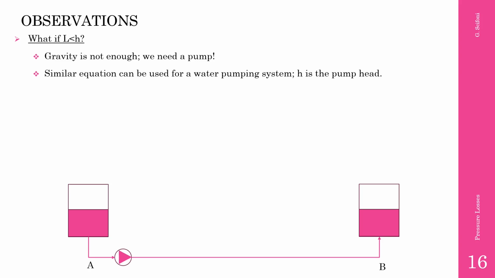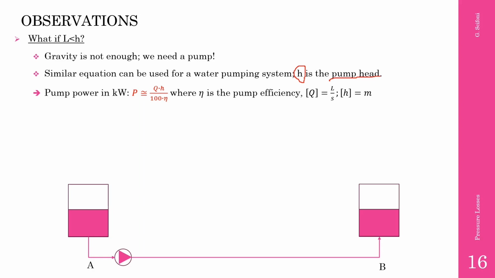That's the reason why the same equations can also be used for a water pumping system, where H is the pump head, so this is no longer a difference in elevation, but the mechanical head of the pump. The pump power in kilowatts we can express by using this formula, where Q is the flow rate in liters per second, H is the head in meters, and eta the pump efficiency.